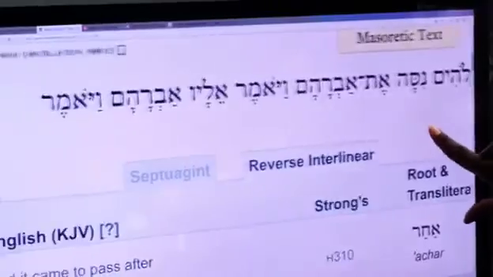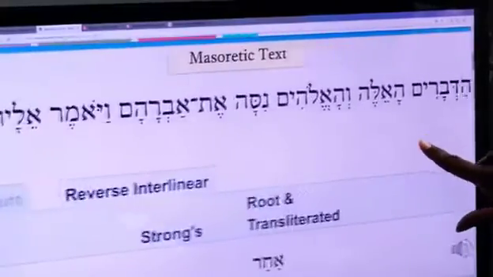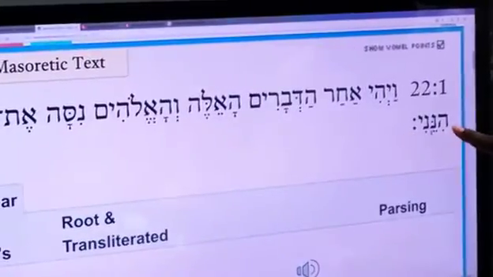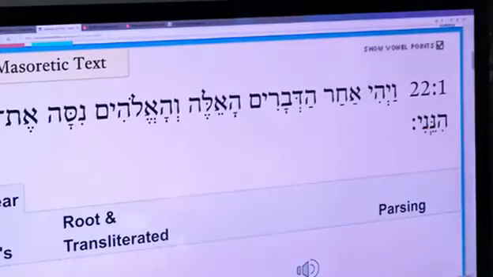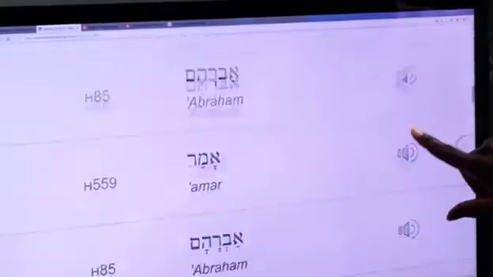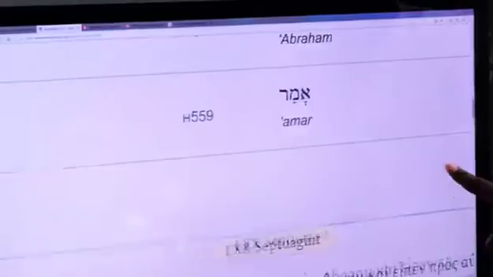It contains the word Hineni, which means behold me. So where it says, behold, here I am, in Genesis 22:1, it's the Hebrew word Hinei, which goes back to the Hebrew word Hanah, which means to behold. And then you have the suffix ni, which means me. So Hineni actually means behold me.